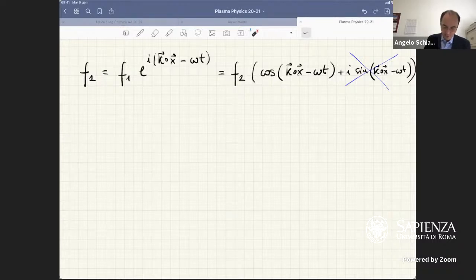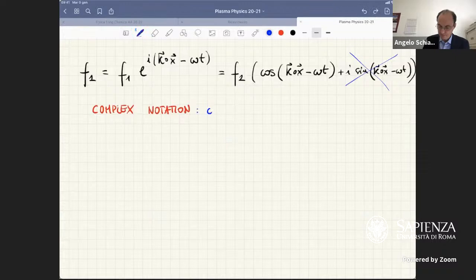Representing a quantity as an exponential of a complex number will allow us to change differential equations into algebraic equations.